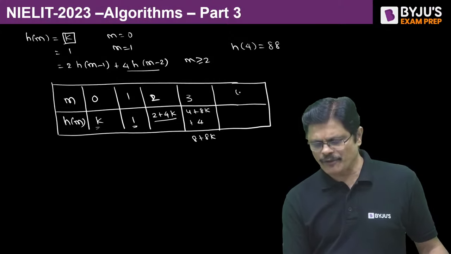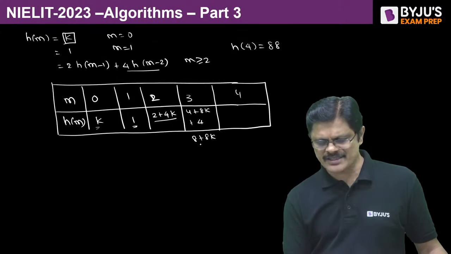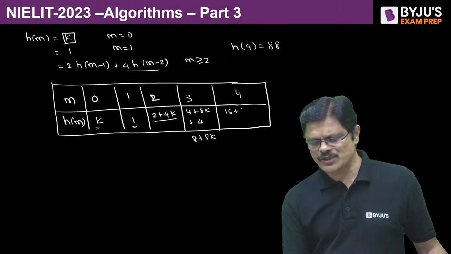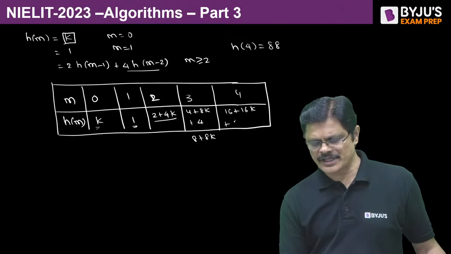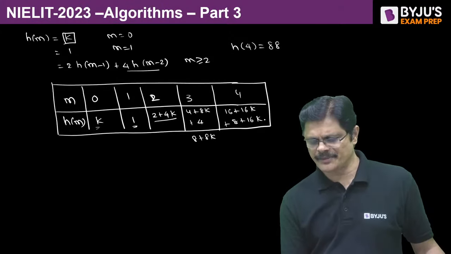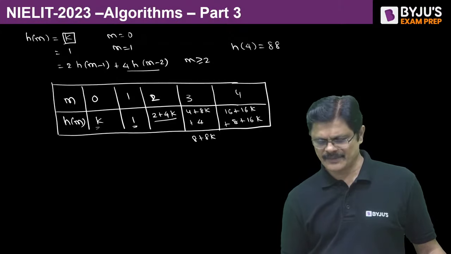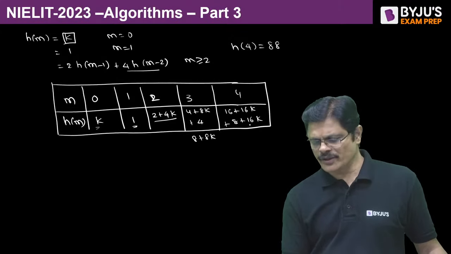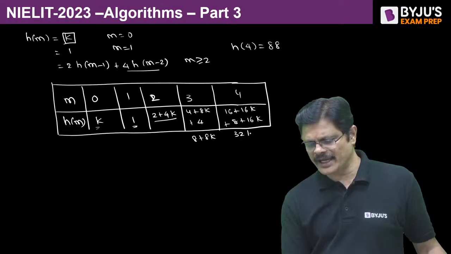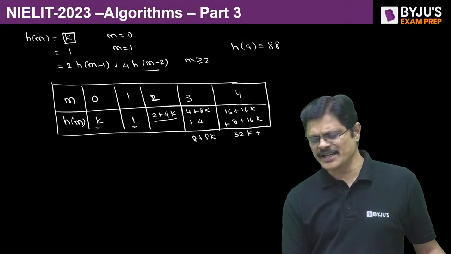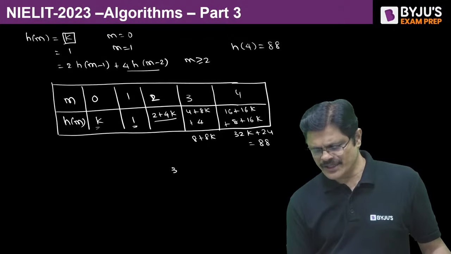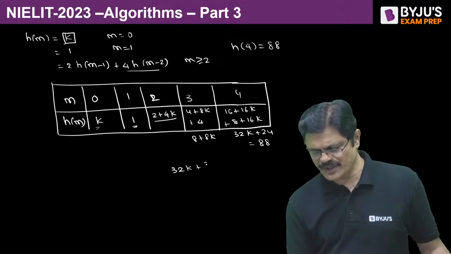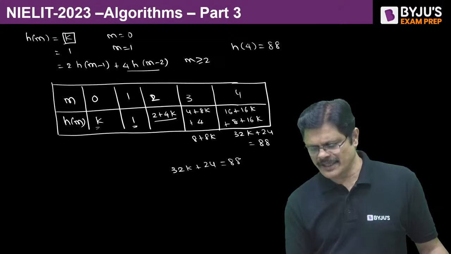Whereas for 4, what is the answer? 2 times of this, that is 16 plus 16k, plus 4 times of this, that is 4 times 4, 16. Okay, wonderful. So that would be 32k plus 16 plus 8, 24, and this value is given as 88. So it is 32k plus 24 is equal to 88.